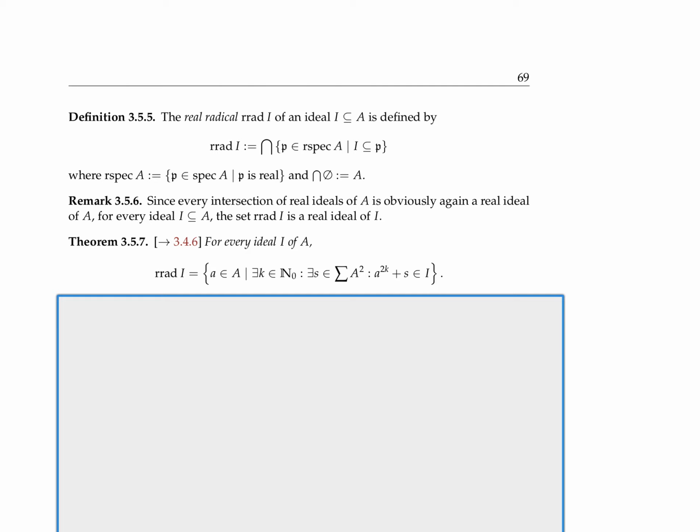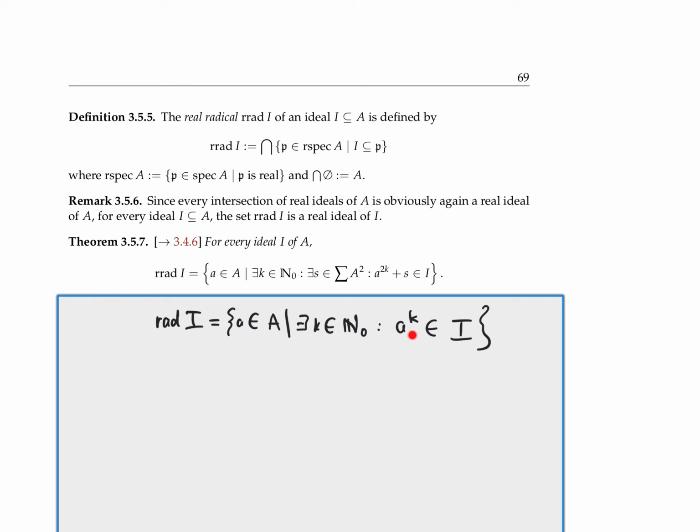So this is analogous to a classical result that the usual radical of I is the set of all A in A such that there exists a K in N0 such that A to the K lies in I. Whether you write N0 or N actually in the end makes no difference and will be the same here.